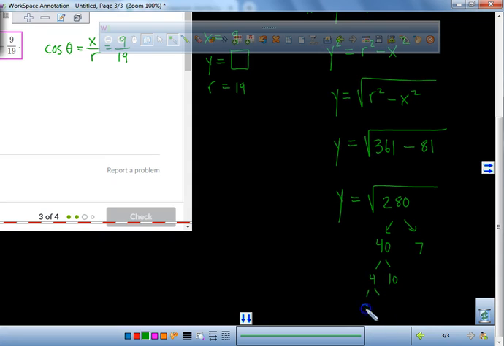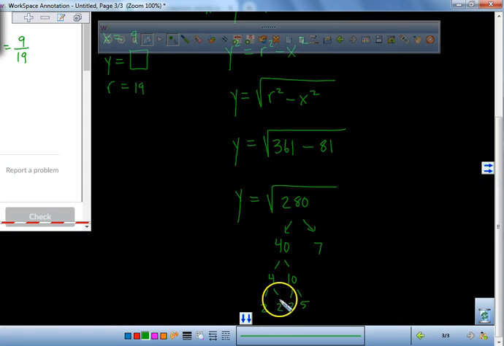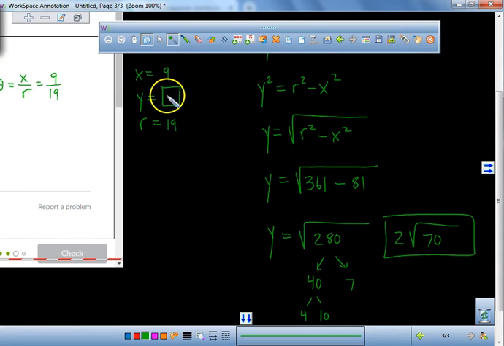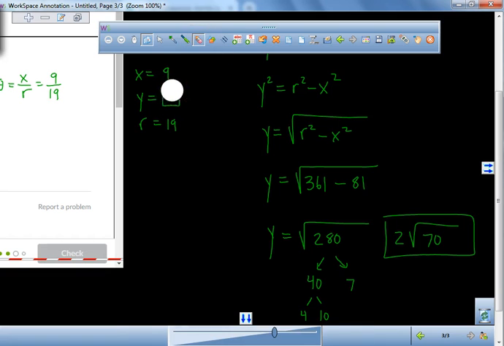This breaks down to a 2 and a 2. This one breaks down to a 2 and a 5, but square roots look for groups of 2, so it looks like I can only pull a 2 out. So a 2 comes out. I've got 2 times 5, which is 10. So it looks like I'm still stuck with a 70 on the inside. So here's what I want you guys to write: 2 radical 70 for the y.